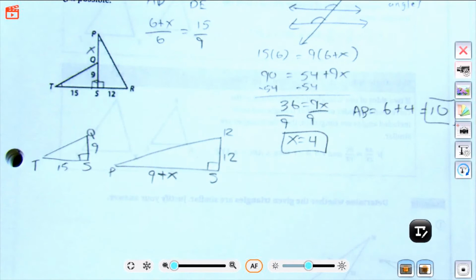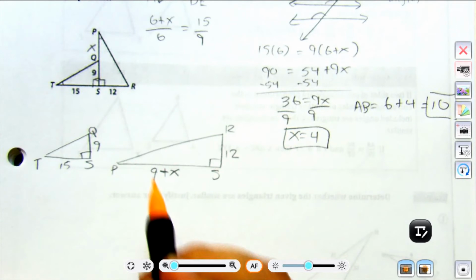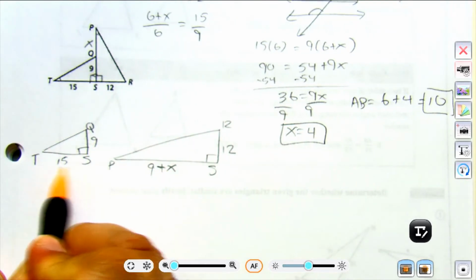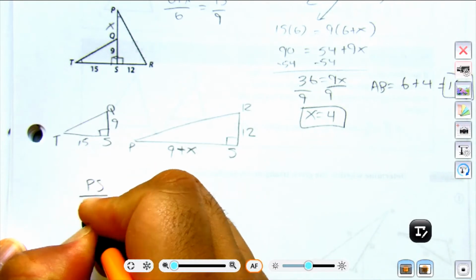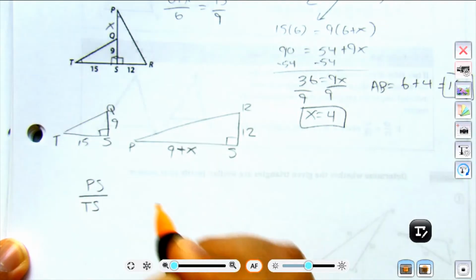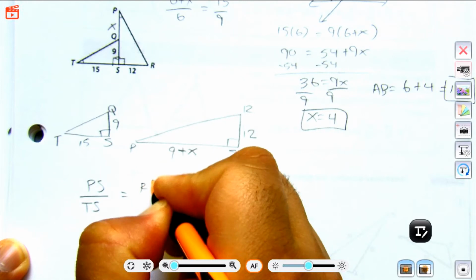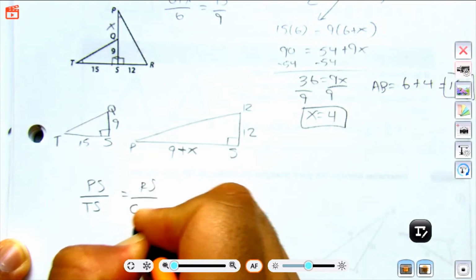Now that we have this facing the same direction, we could see which sides are proportional to each other. So we could see that PS and TS are corresponding. So we could say PS over TS is equal to RS over QS.